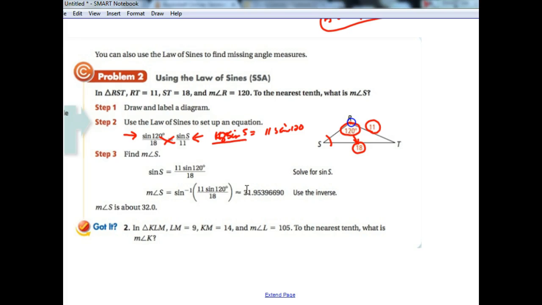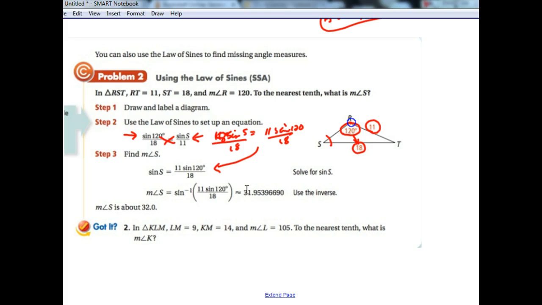If I then divide both sides by 18, because I want the sine of S by itself, that's how they're getting this right here. It's going to be 11 times the sine of 120, and then divide all that by 18.